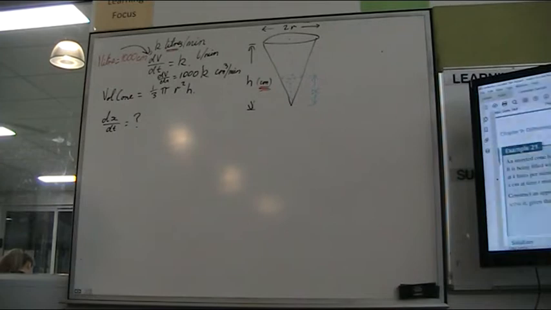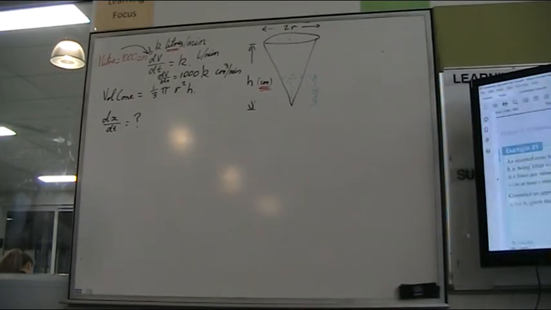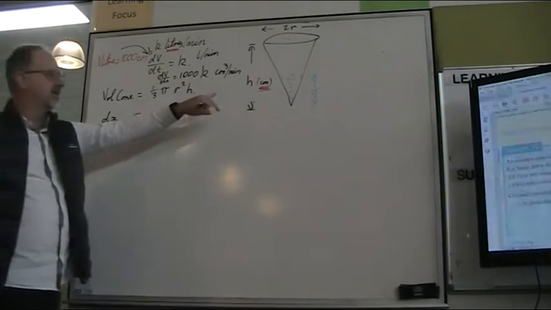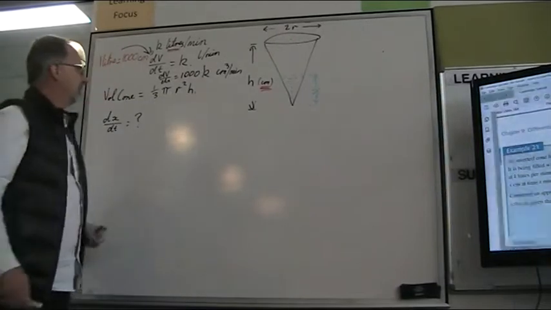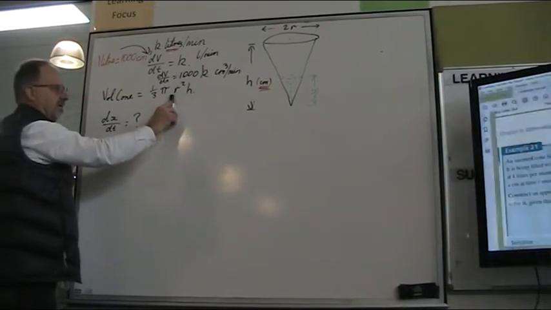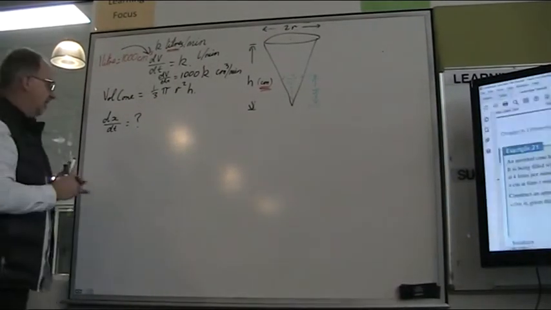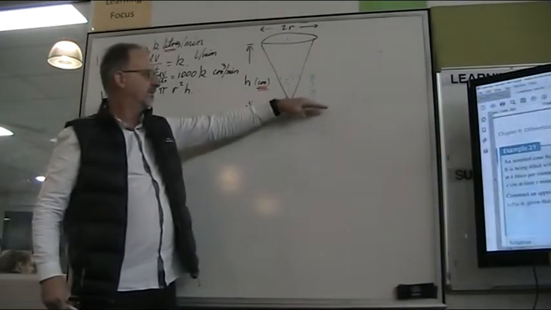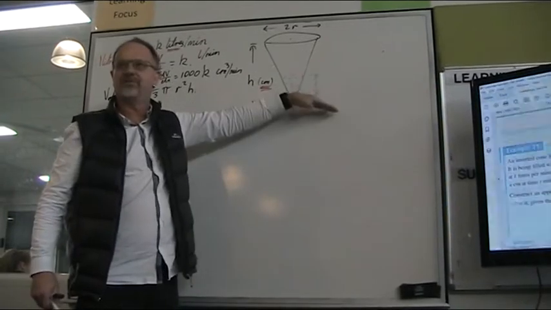Now, the other thing that we have is this particular cone, and we've got radius and we've got height. This x is referring to the height.